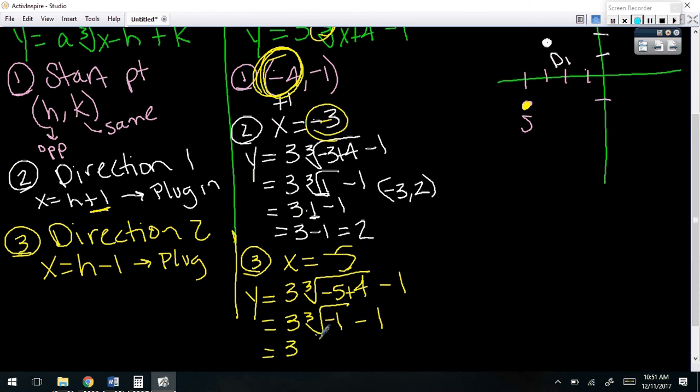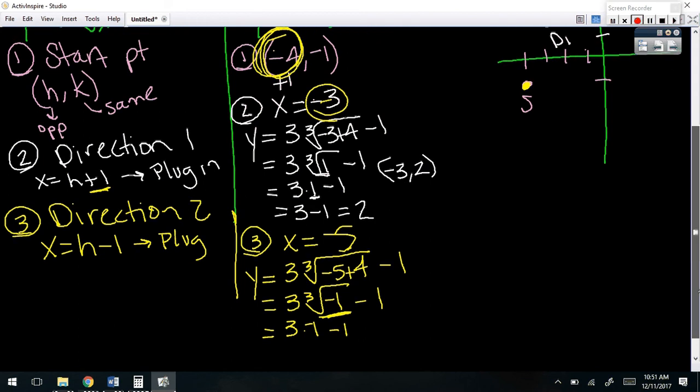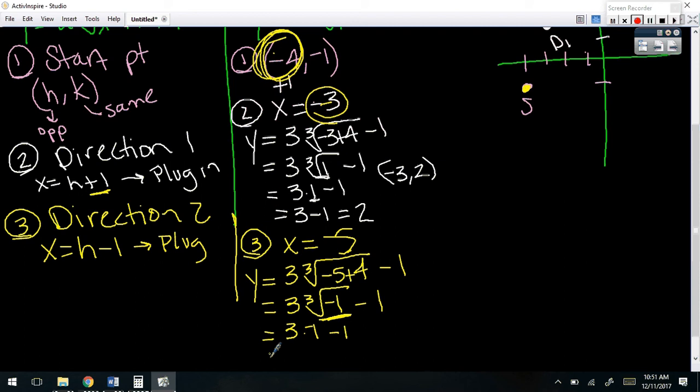Negative 1. So this becomes negative 1. So negative 3 minus 1 is negative 4. That's correct.